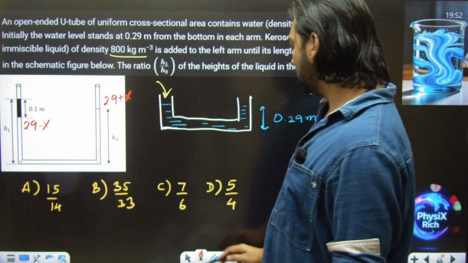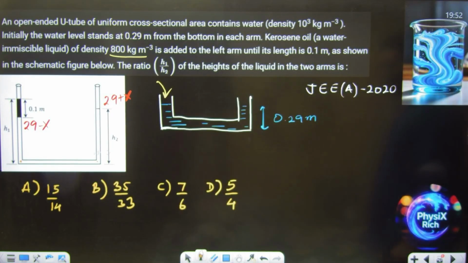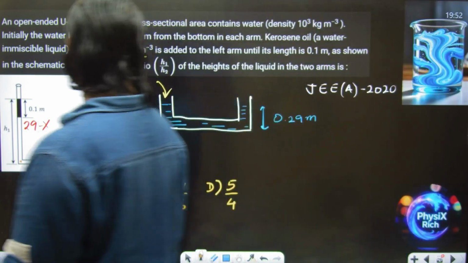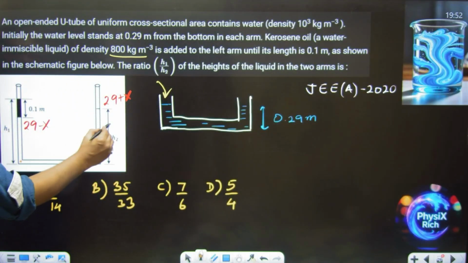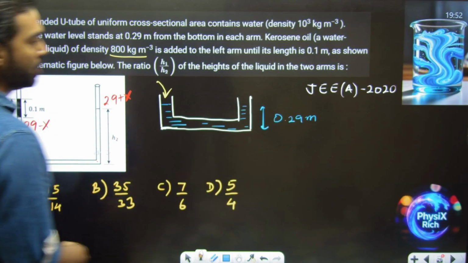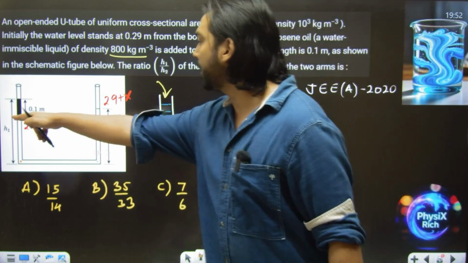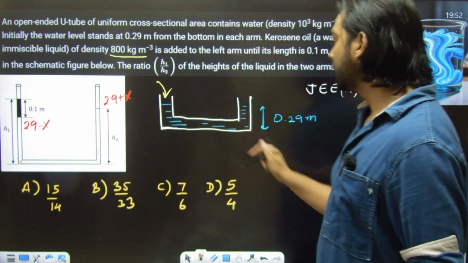Now, what else can be done? What is the difference between these two? The difference between these two will be 2x. So very simply, guys, you can say that the pressure will be the same at this level. Pressure is rho g h.